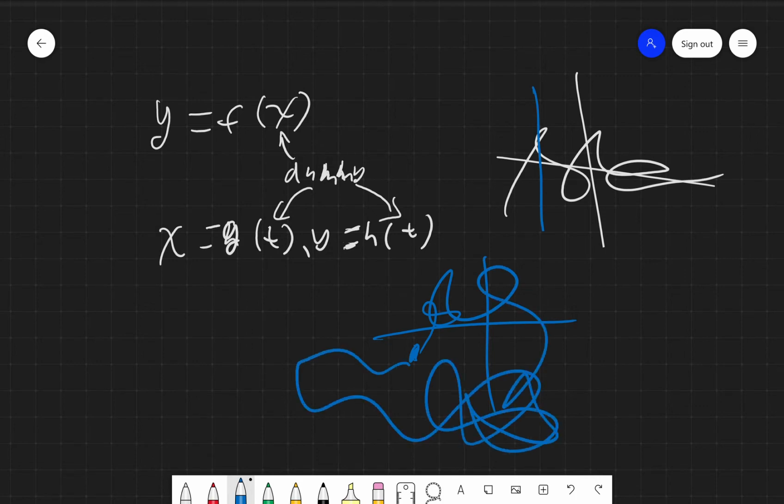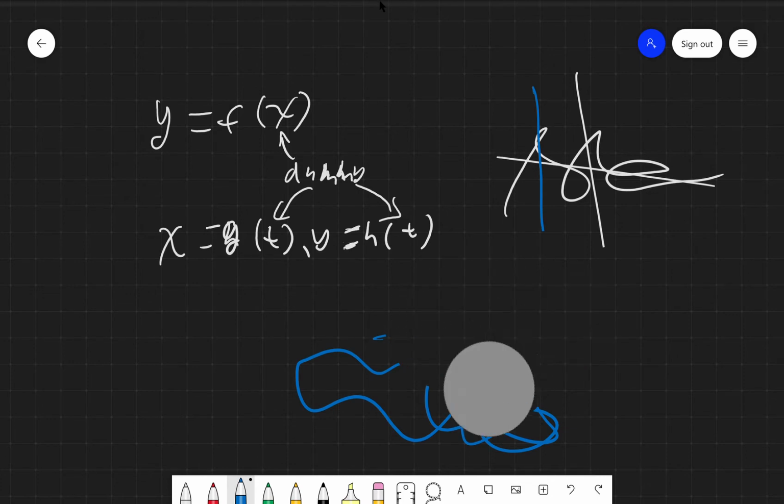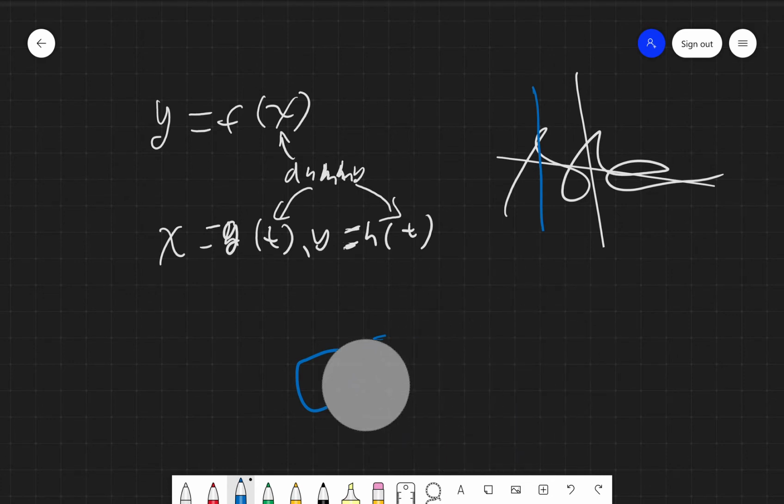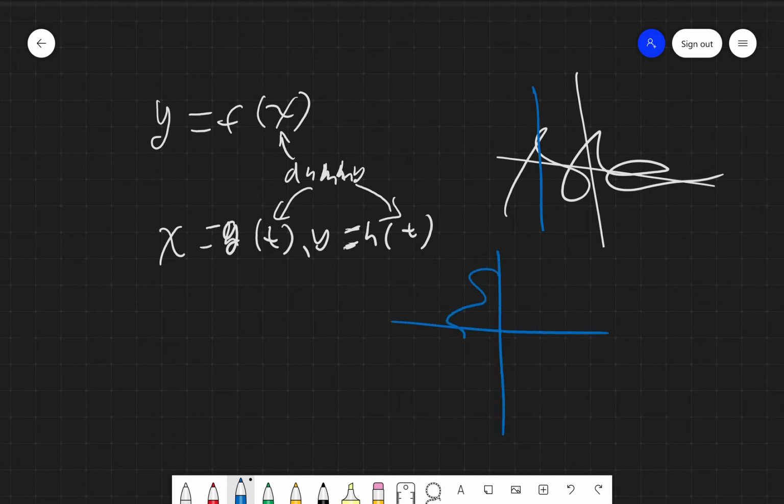So we need to define it. And a lot of times, as t goes to infinity, we really are just tracing the same graph. At some point, x and y will start repeating, so it'll just retrace the graph again and again.